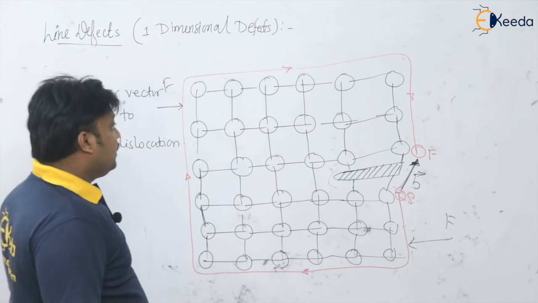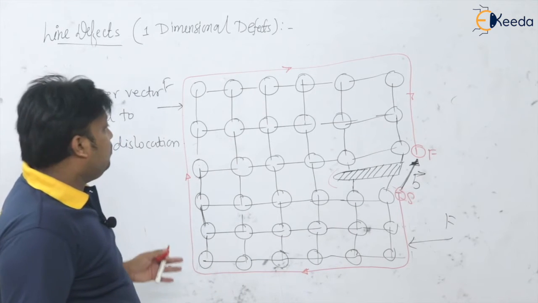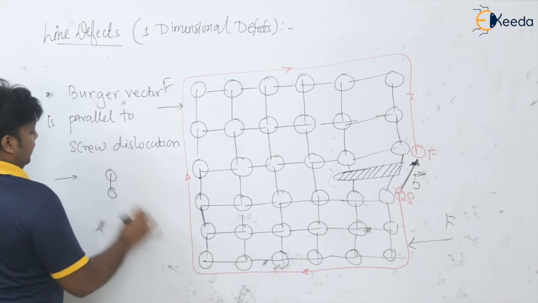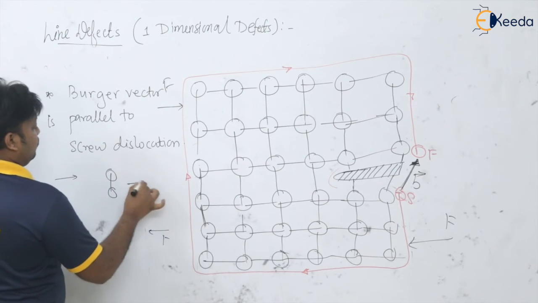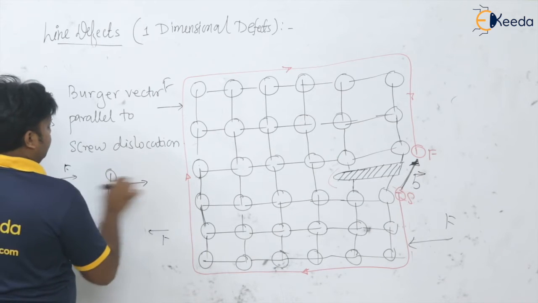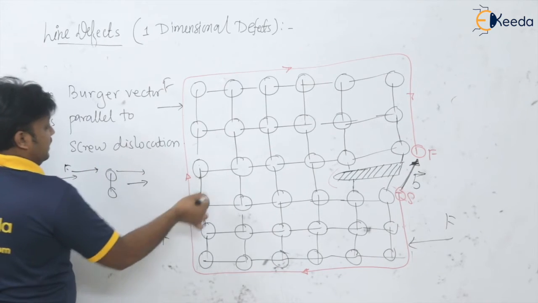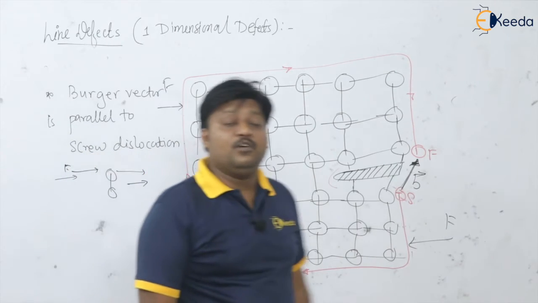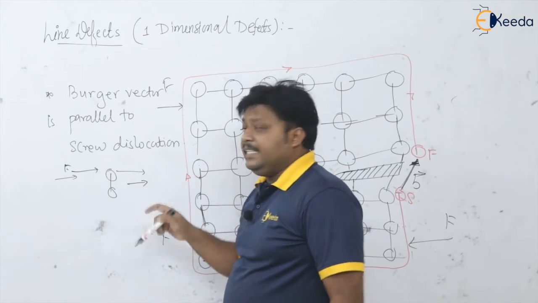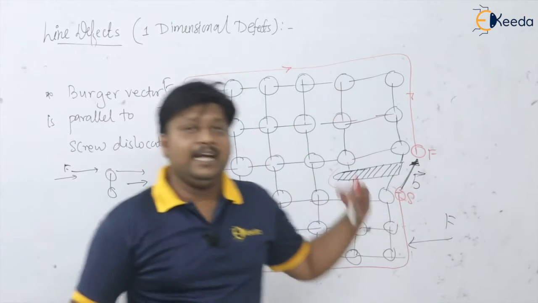Please remember, in the case of the edge dislocation, when we apply the force, this extra half plane is moving in the direction of the applied force, isn't it? It is coming out from this regular atomic arrangement in the direction of the applied force.